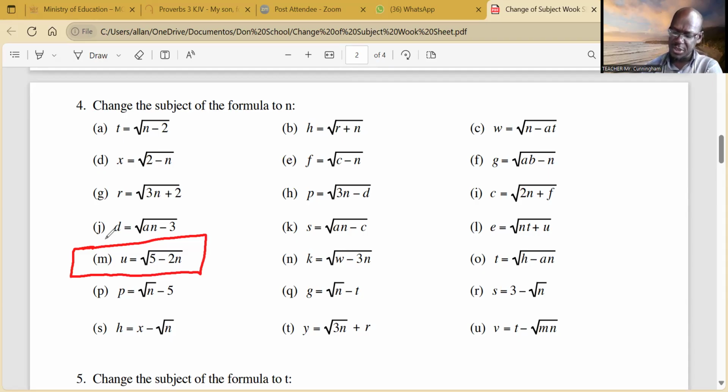U is equal to the square root of 5 minus 2n. So I'm going to write it on the whiteboard.